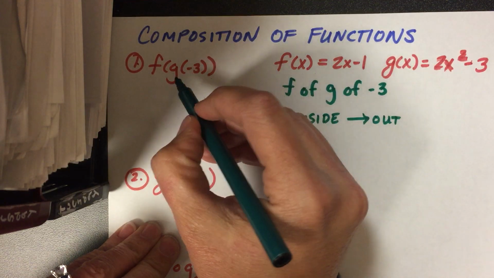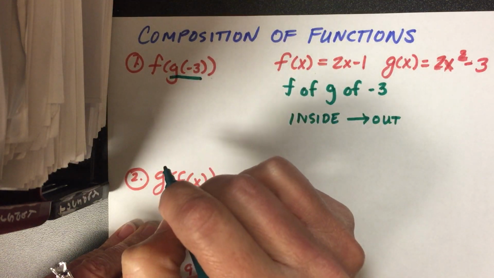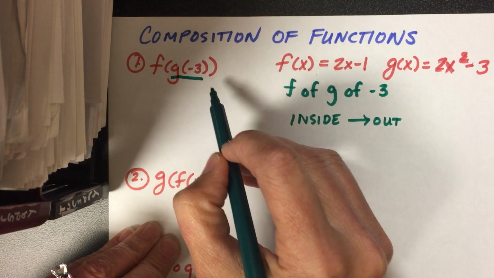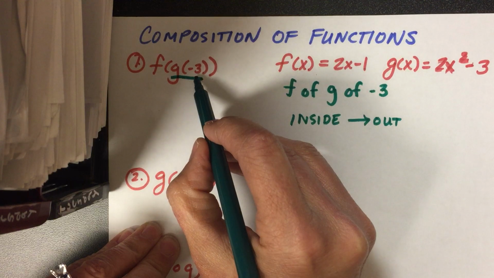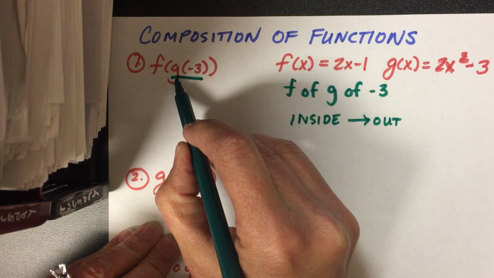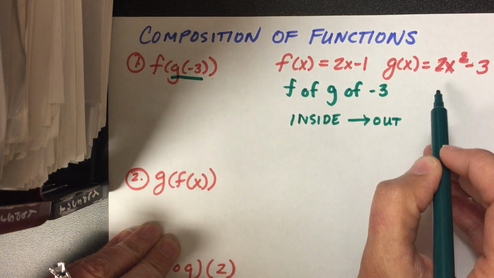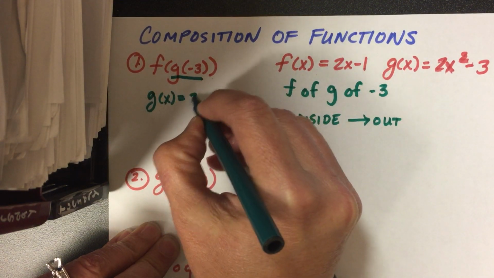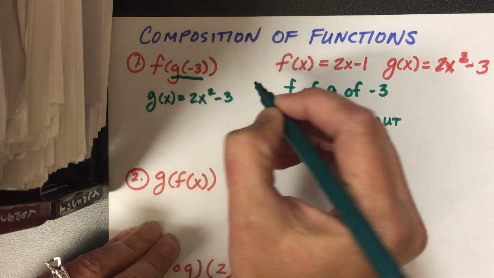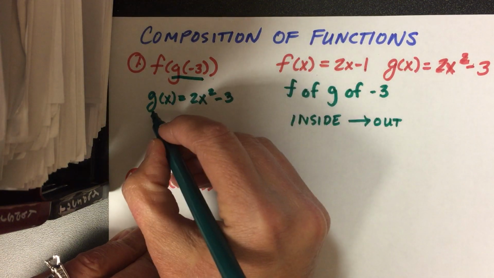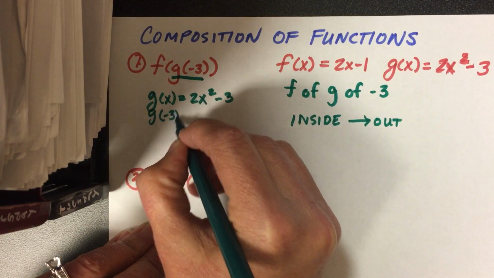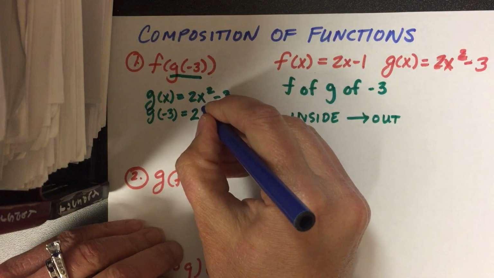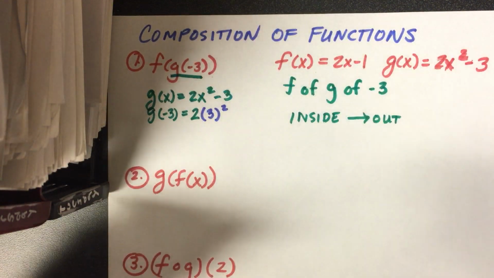So working inside out, that means g of negative 3 is going to be my first operation. So negative 3 is my first input, and I'm going to input that into the function g of x. So that's this function here. Since g of x equals 2x squared minus 3, for g of negative 3, I'm going to plug in a negative 3, and you always put parentheses around your substitutions.